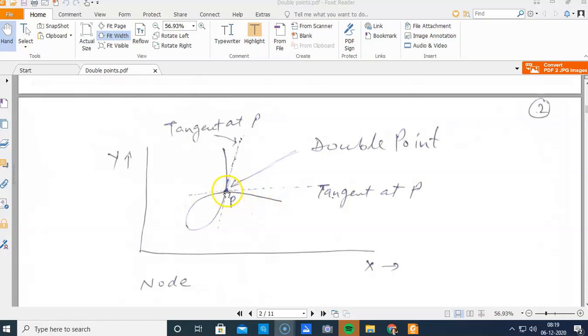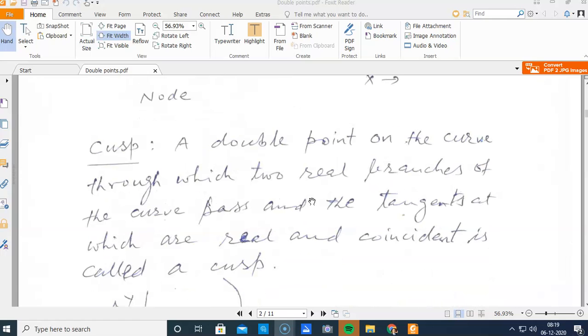At this point, if we see the tangents to this branch as well as this branch of the curve, these are different, and these are real. So therefore this is a double point. Now, sorry, this is a node.